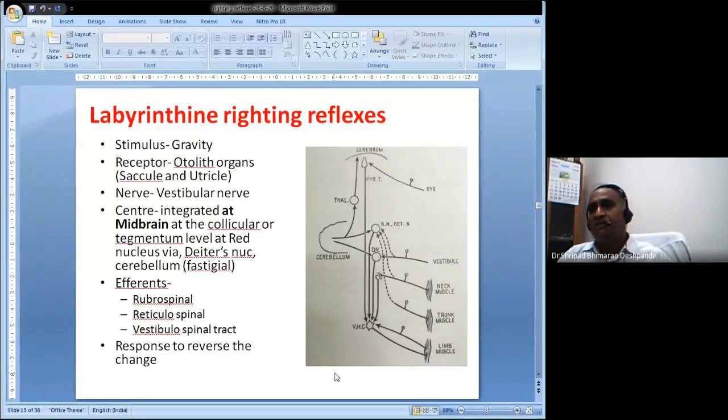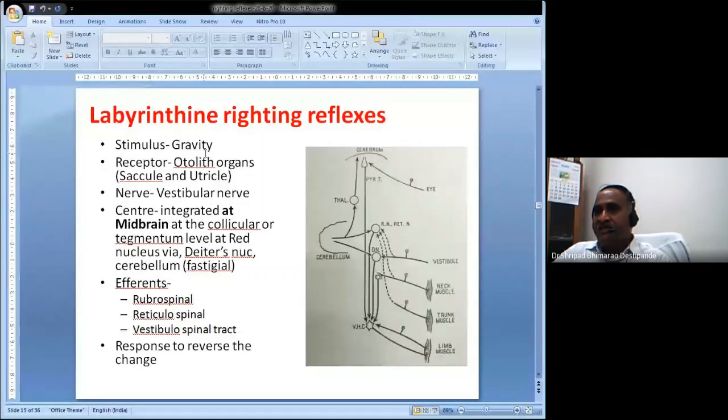Now, coming back to the labyrinthine righting reflex, let us understand the head righting reflex. What is the stimulus for this? It is gravity. I've already mentioned that. Now, what are the receptors for this? These are the saccules and utricles.